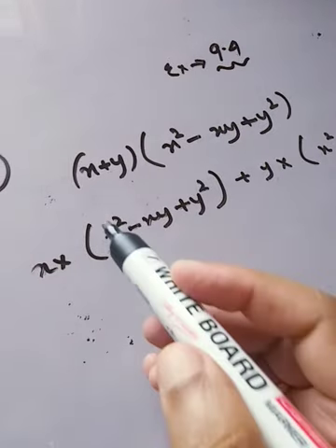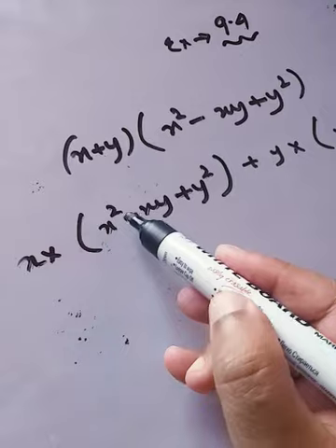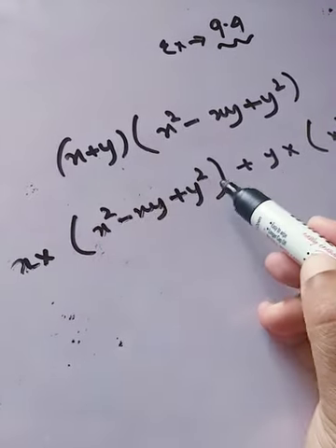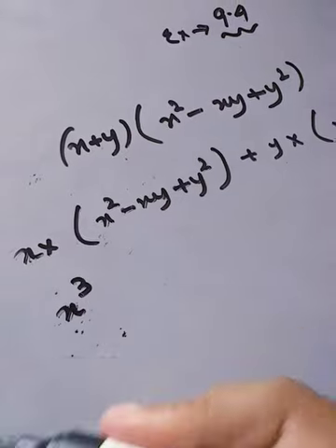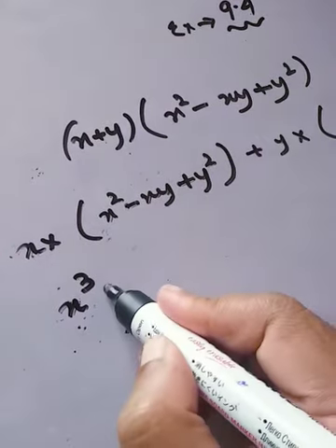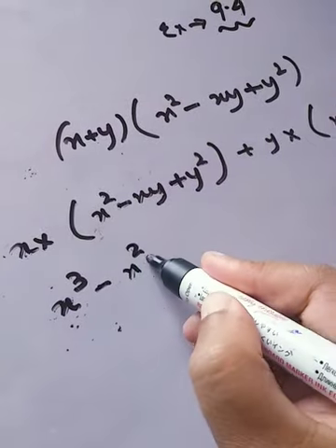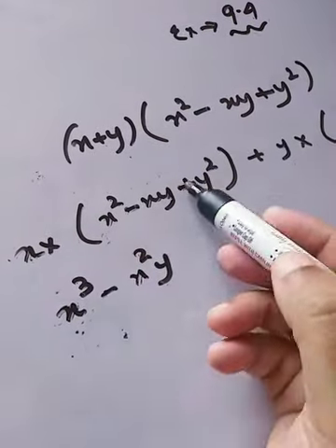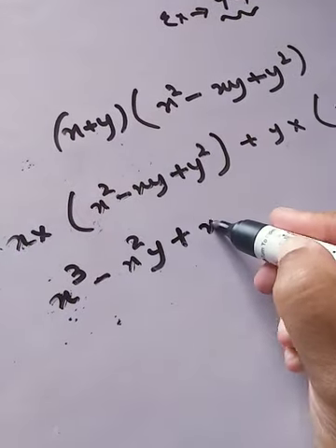Okay, now this x has to multiply with all the terms inside the bracket, that is this with this with this, and x with y square also. Okay, so x into x square is what? X cube. Plus minus is what? Minus x into xy. How many x are there? 2. So this is the product of x into xy, x square y. Plus is what? Plus. So x into y square would be xy square.